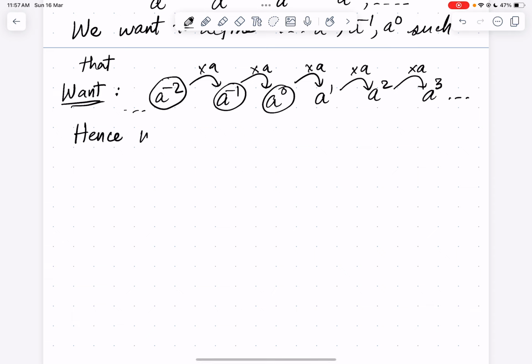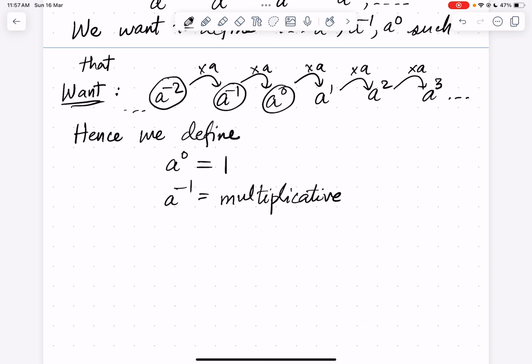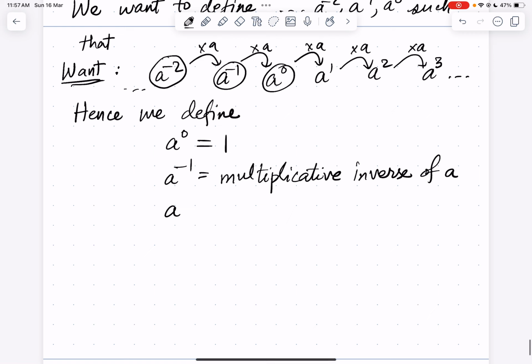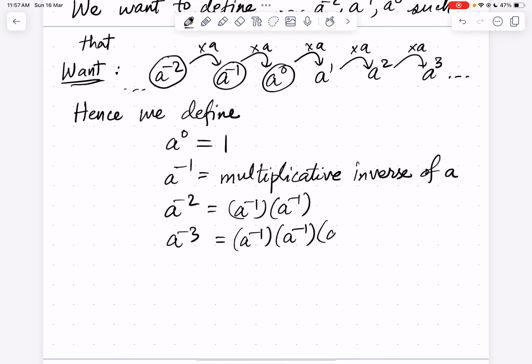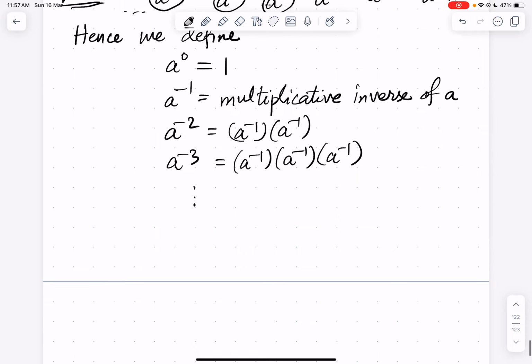Hence we define a power 0 equals 1, a power minus 1 equals the multiplicative inverse of a, a power minus 2 is a power minus 1 times a power minus 1, a power minus 3 is a power minus 1 times a power minus 1 times a power minus 1, and so on.